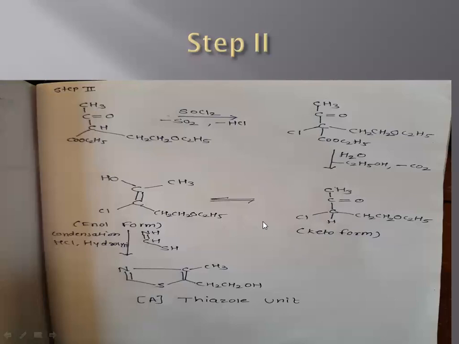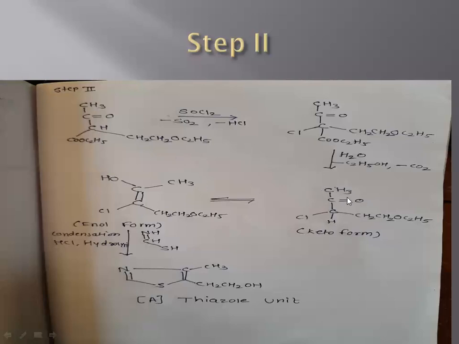After that, we are going to an enolization reaction. We are going to convert the keto form into the enol form. What happened in this conversion? One H is removed, and this carbonyl group, C double bond O, which is like a ketone compound, is going to convert into the alcoholic form.